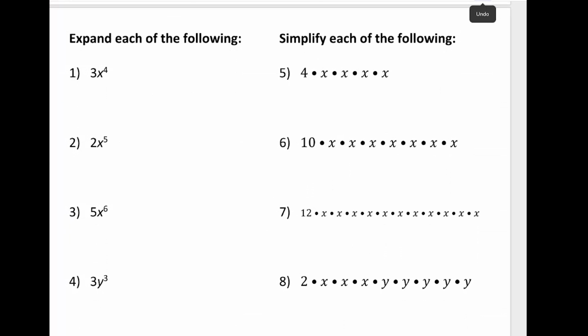Okay, so 3x to the fourth, what does that really mean? It means 3 times x times x times x times x. In other words, you're multiplying 4 x's.